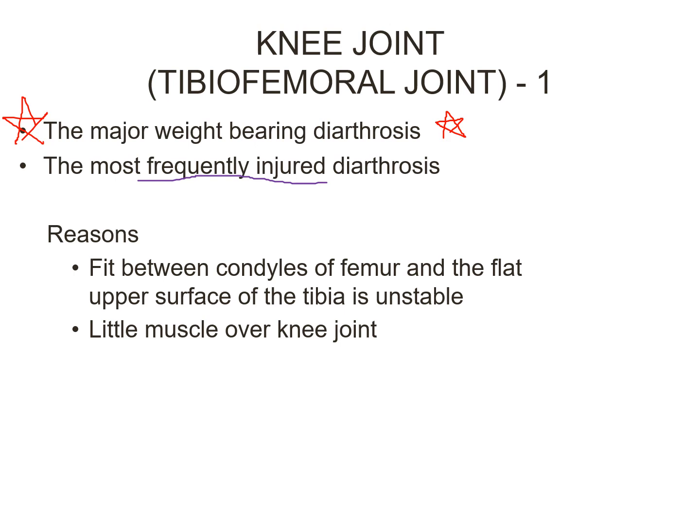So because of that, we do need a lot of help. We need a lot of ligaments inside of this area, and that makes it also a little more complicated. So for example, with your elbow, it's really simple. The elbow's a hinge joint, and you have a ligament on the medial side of your elbow and a ligament on the lateral side.